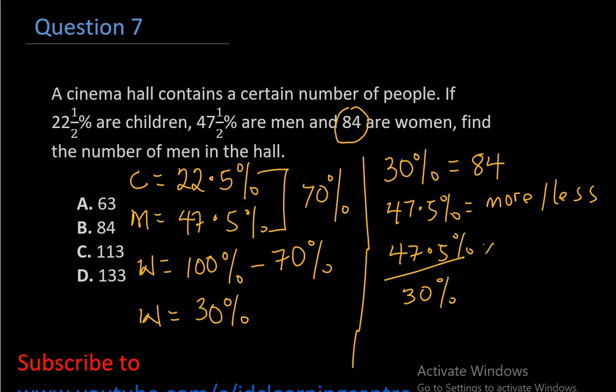Now times 84 will give us our answer. So punch it into your calculator. 47.5 divided by 30 times 84. Your answer will be 133, which is option D.